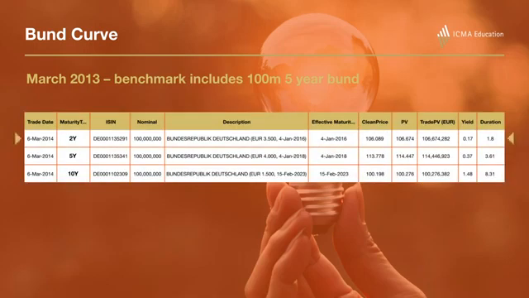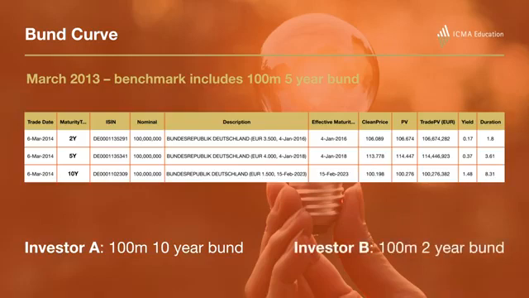Do you want to invest in the 2-year, shorten your duration? In the 5-year, match the benchmark? Or in the 10-year and go longer in terms of duration? Investor A decides to lengthen their duration versus the benchmark, buying the 10-year Bund, and investor B shortens their duration versus the benchmark, buying the 2-year Bund.